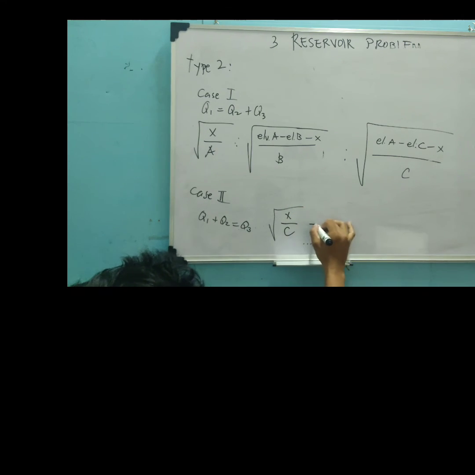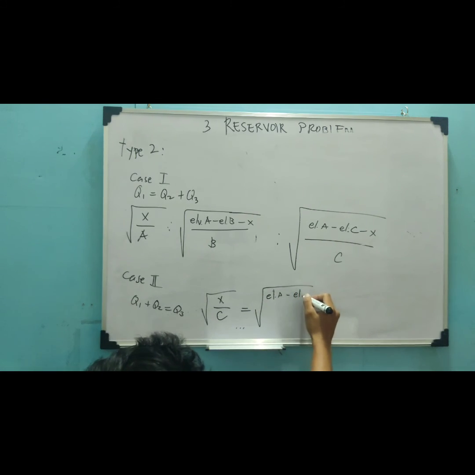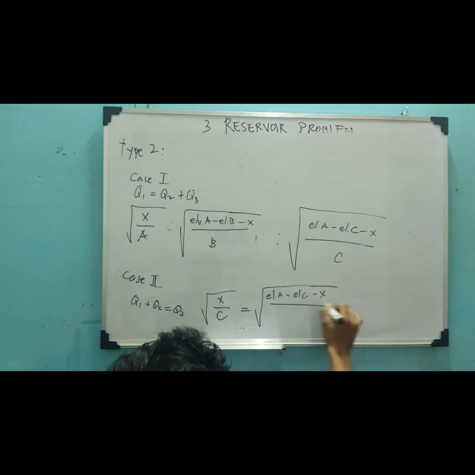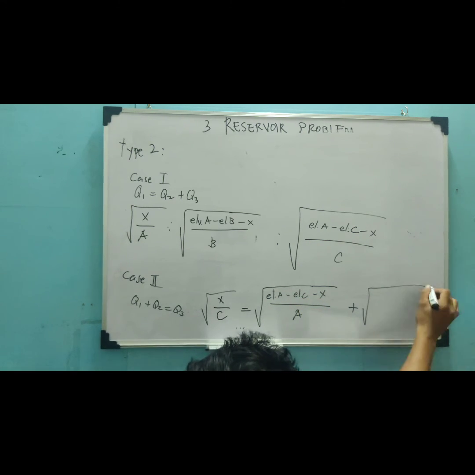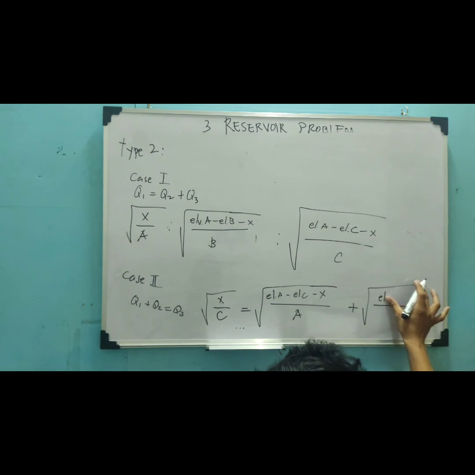Square root of X over C equals square root of elevation A minus elevation C minus X over A. So, same case here, elevation of B minus elevation of C minus X over B. So, ganyan lang siya.